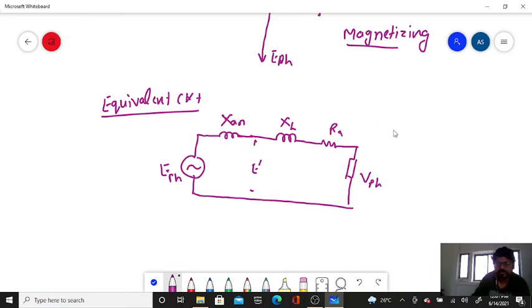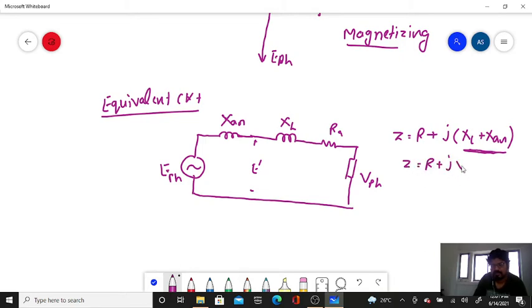So we are representing this armature reaction voltage drop with a fictitious reactance, that is X_AR. So the total impedance Z is equal to R plus j(X_L plus X_AR). With the combination of this X_L and X_AR, we can call it the synchronous reactance, and you can write it as R plus jX_S. So X_S is basically X_L plus X_AR, and we can call Z the synchronous impedance.